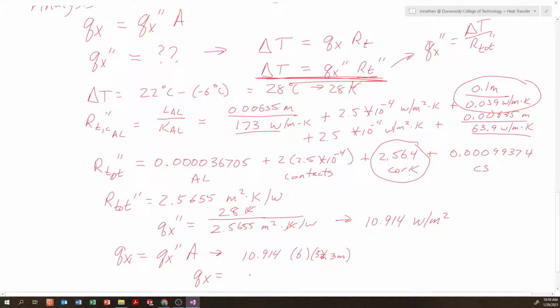Q_x is, I get 589.4 watts. I want to report that out to 3 significant figures just to give a certain amount of level there. So I need to be removing about 590 watts from the freezer to maintain these temperatures. And that doesn't seem too unreasonable.